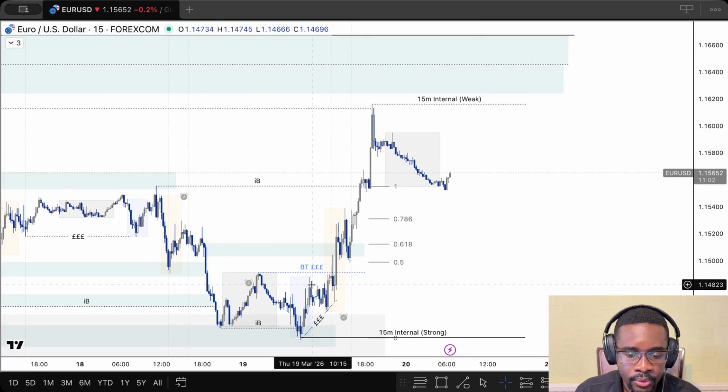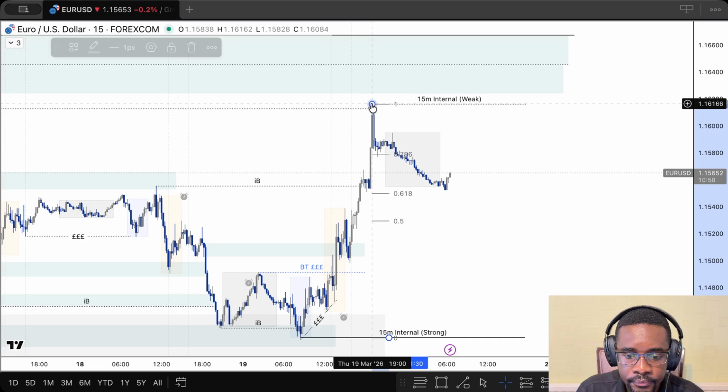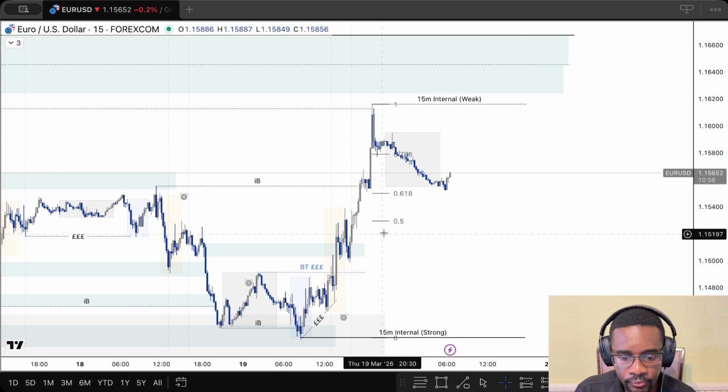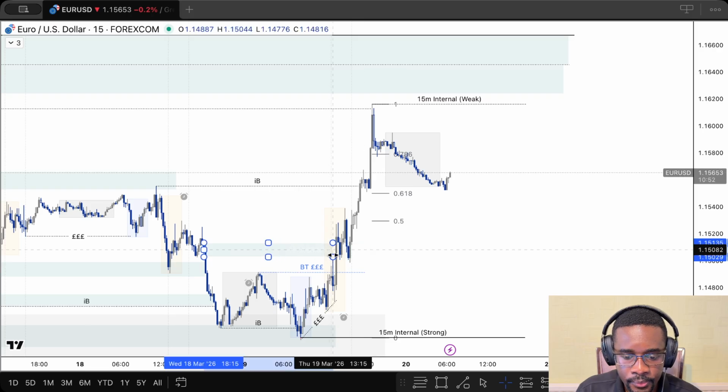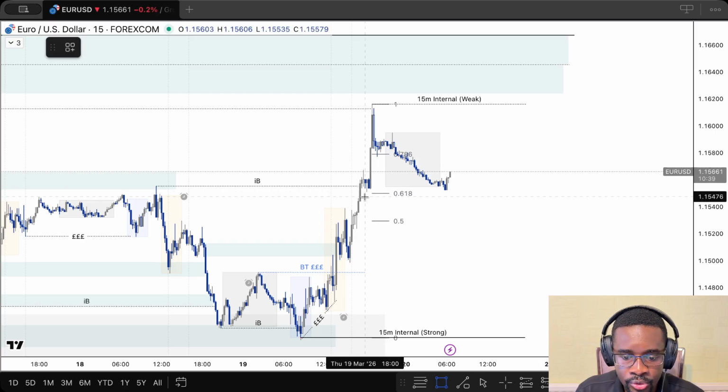And then now, because we've broken structure all the way up there, boom. Alright, so this is the equilibrium. That's the equilibrium, and then we have discount. So this is the decisional that led to the break, and then we've had that push up, and then another test, and then we went up all the way.